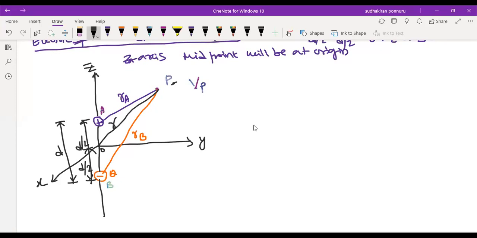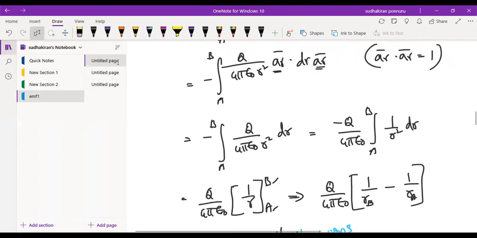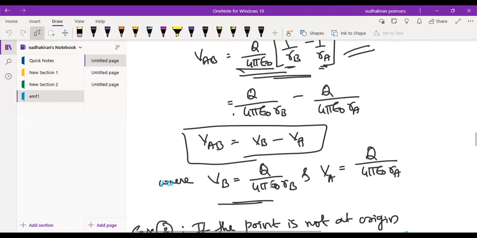Now we are going to proceed with the derivation, but before that, see here, earlier I have already discussed finding the electric potential.